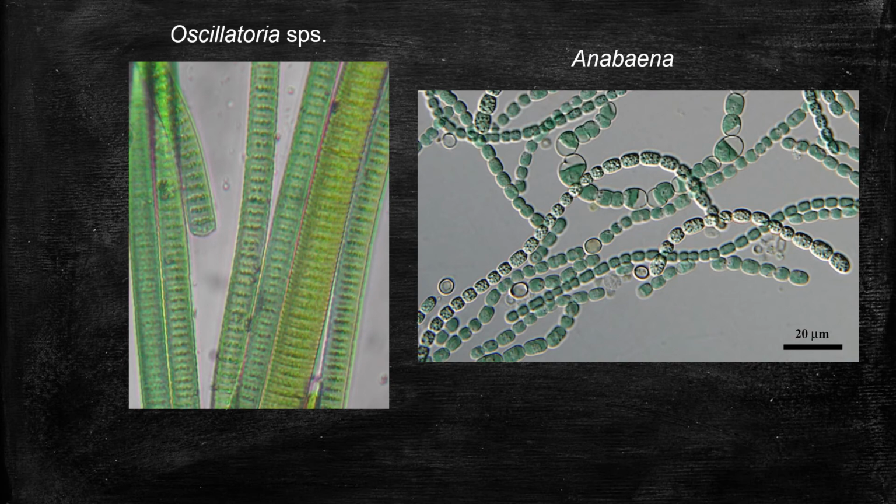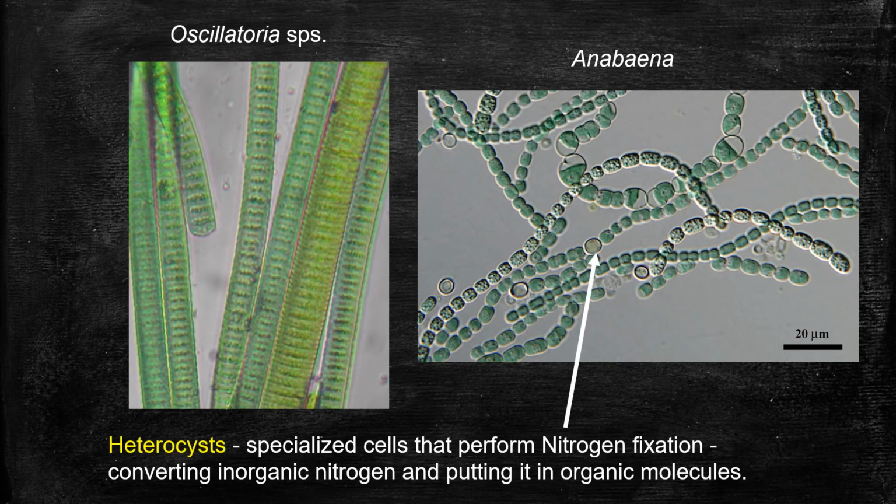Here are a couple of filamentous cyanobacteria, so I just wanted you to see a couple of examples of that. Oscillatoria is basically, it looks like a straw, a very flexible straw. And then for Anabaena over here, we have two cell types in their filament. So most of them are going to be vegetative, but they have what we call heterocysts right here. So there are these circular cells that you see every now and then.